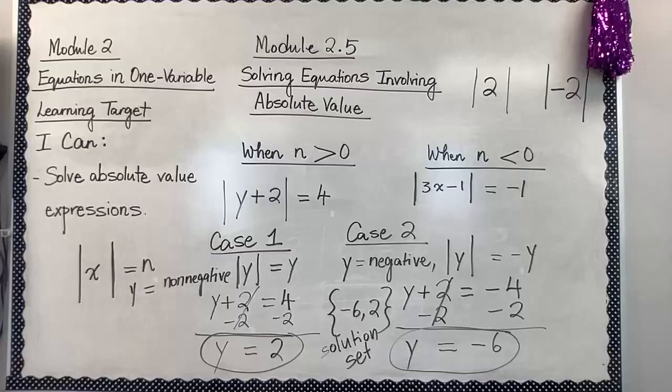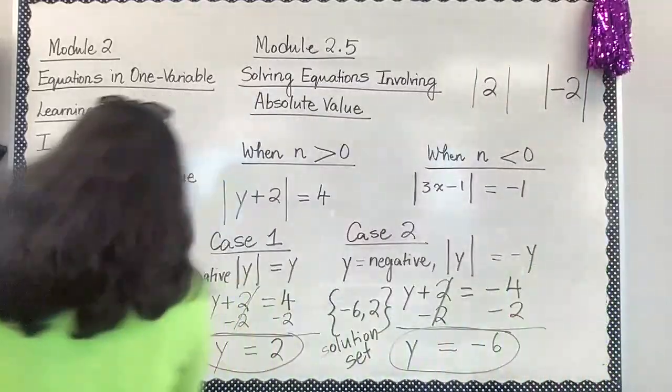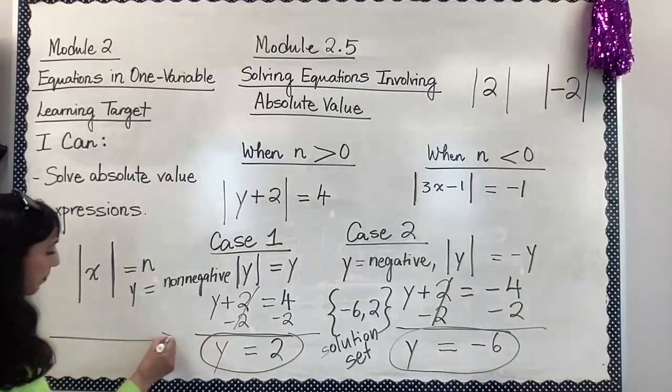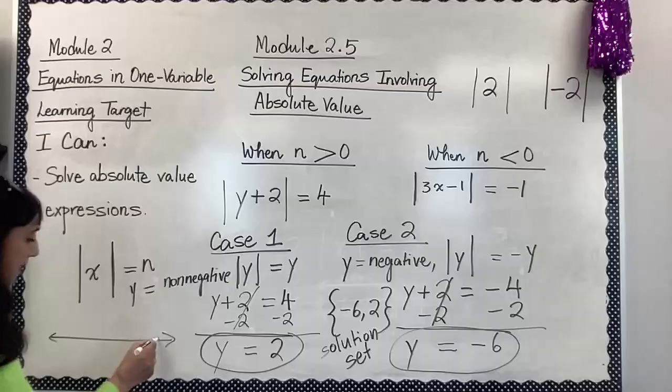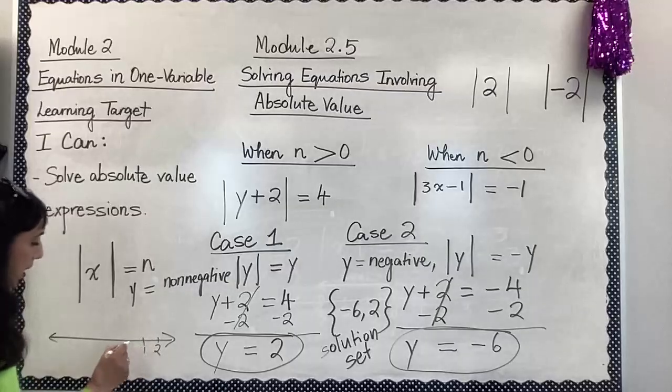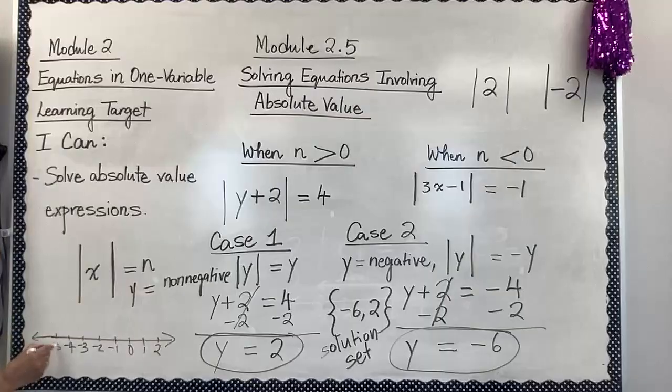Now, if I'm going to graph this on the number line, I make a number line. And the solution set has -6 and 2. So I can say 2, 1, 0, -1, -2, -3, -4, -5, and -6.